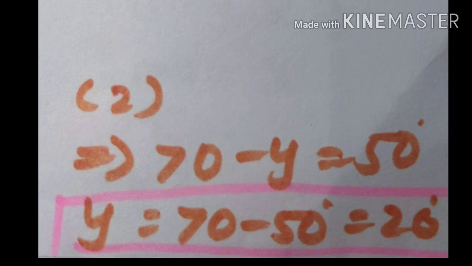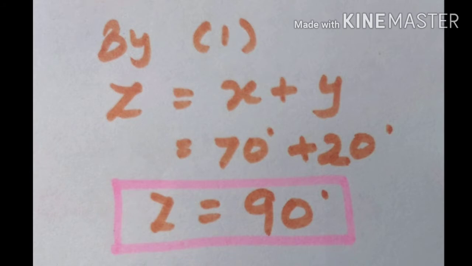Now we need to find the third angle of the triangle. By equation 1, the first equation z is equal to x plus y, we substitute our x value 70 degree and y value 20 degree. By adding these two, we get our z value, that is 90 degree.